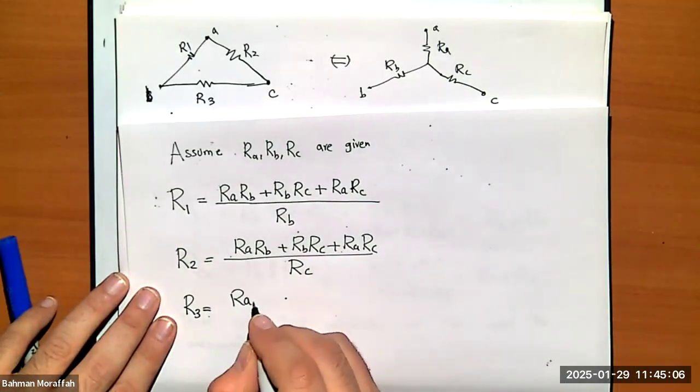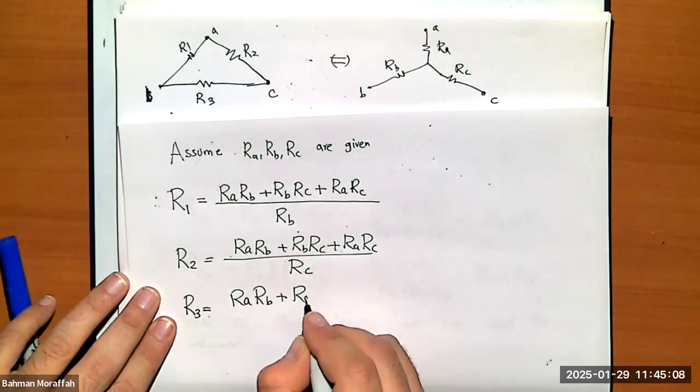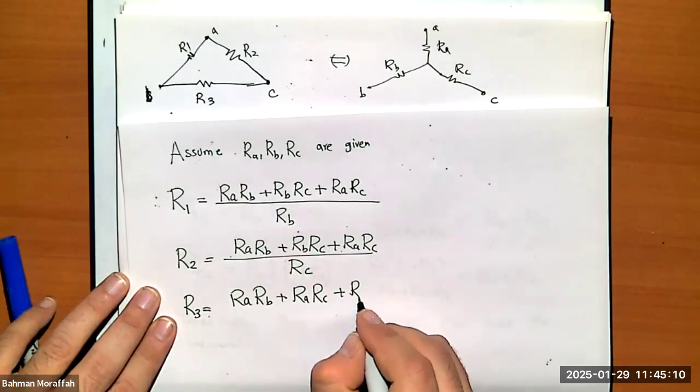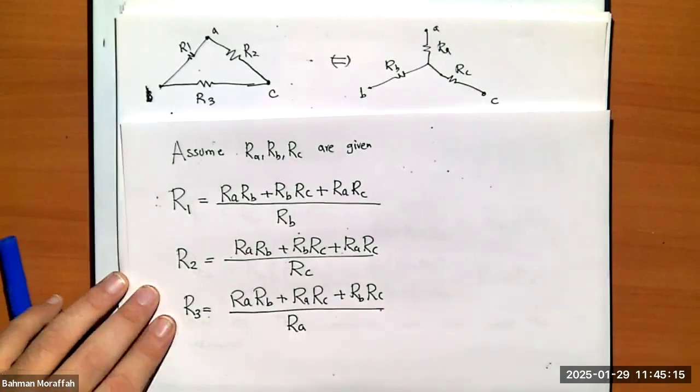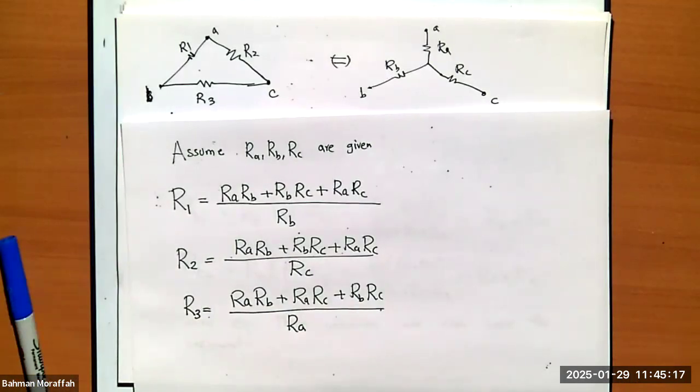R3 is (RA RB plus RA RC plus RB RC) divided by RA. In a second, I'm going to tell you a trick to memorize this. But for now, these are the formulas.